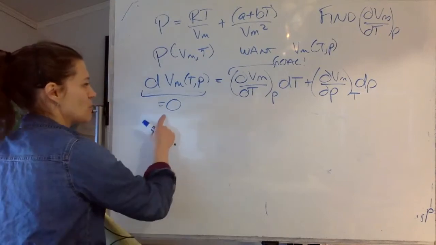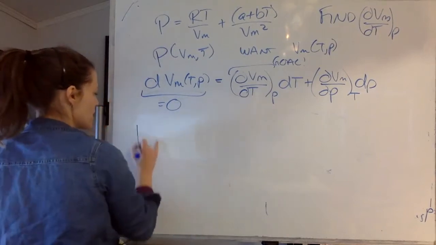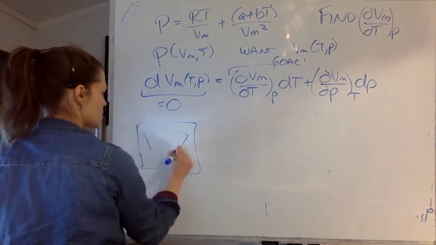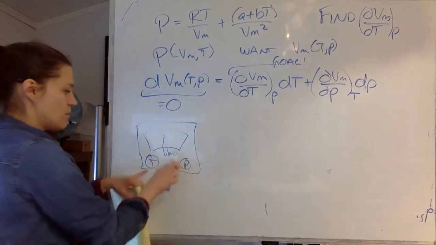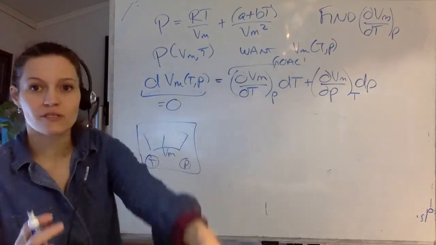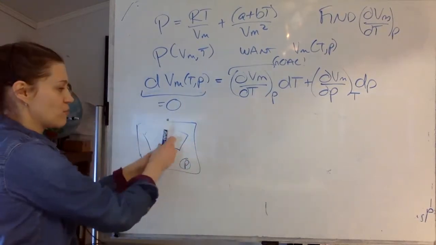And by setting this equal to 0, what that means is, in my function box, where this is my volume, and then my T and my P are the parameters that I can turn, I can move this needle.